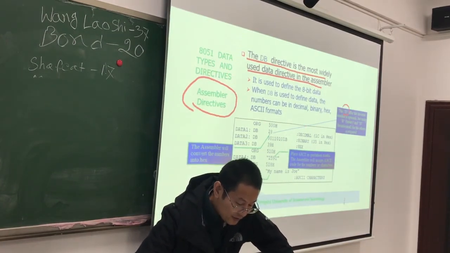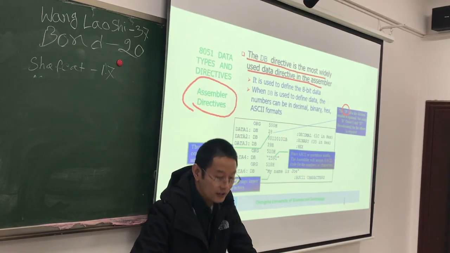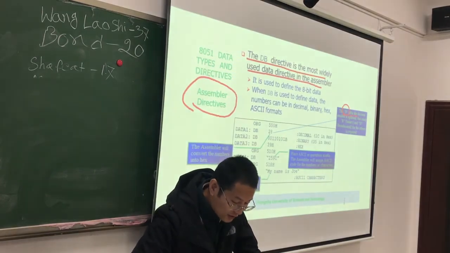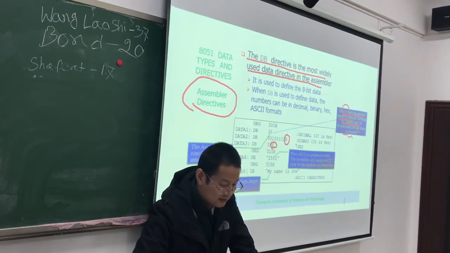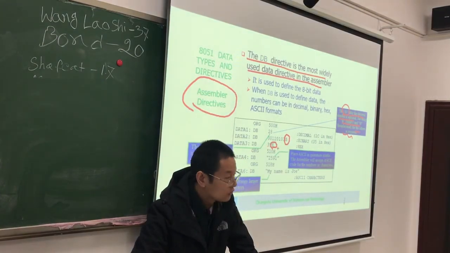The D after the decimal number is optional, but using B and H for the others is required. B is for binary, H is for hex. So when you use the number, you need to mark it.